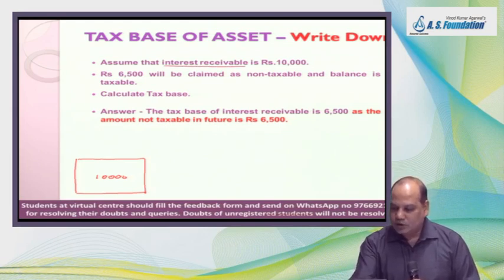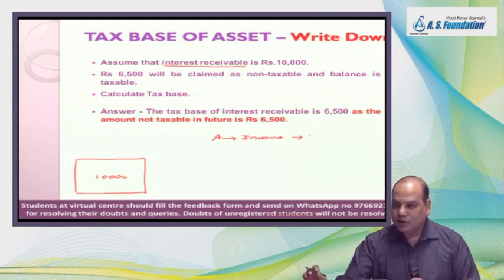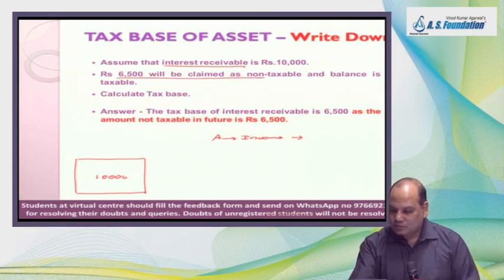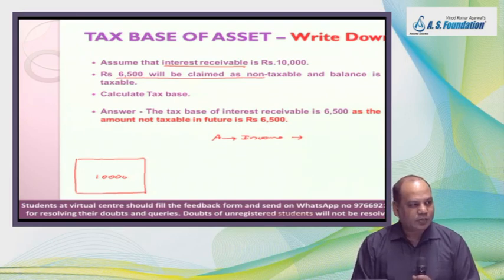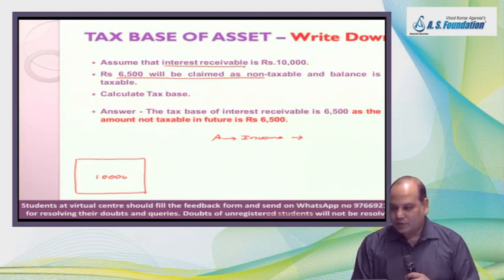So first of all, is interest receivable an asset? Yes. Is it related to income? Yes. So tax base will be amount that will not be taxed in future. How much amount will not be taxed in future? 6,500 will not be taxed in future. Only 3,500 will be taxed in future. So therefore, write down the tax base of interest receivable is 6,500.